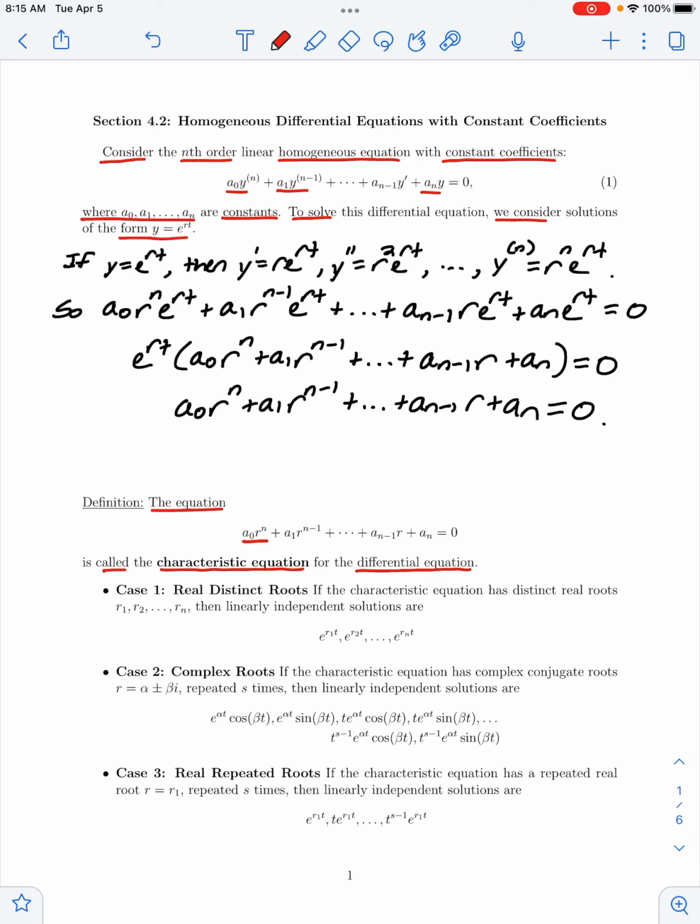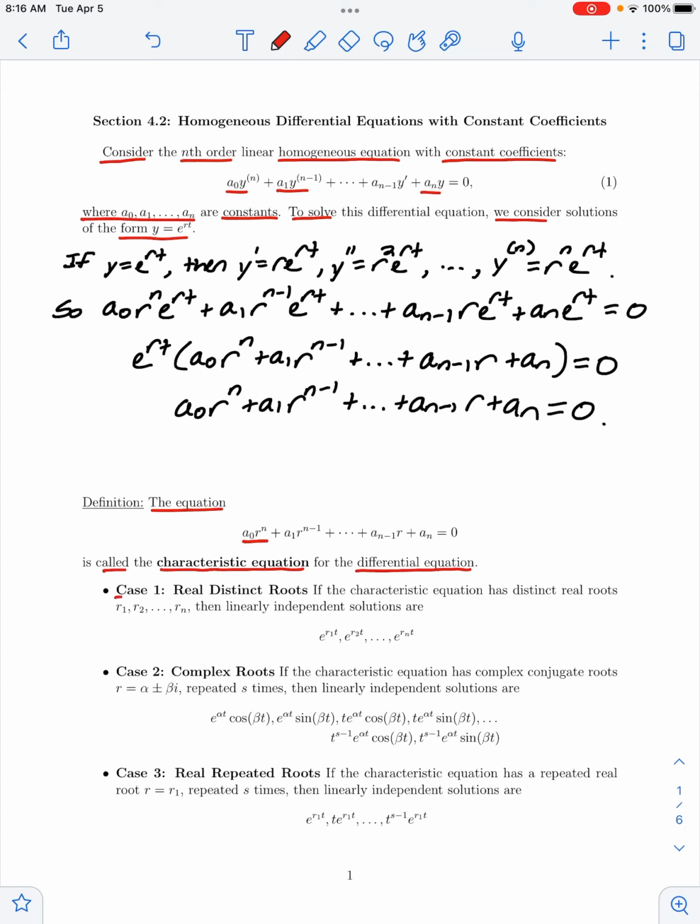So just as for the case of second order homogeneous linear equations with constant coefficients, the form of our general solution will depend on the roots of this characteristic equation. So let's discuss the different cases that can arise.